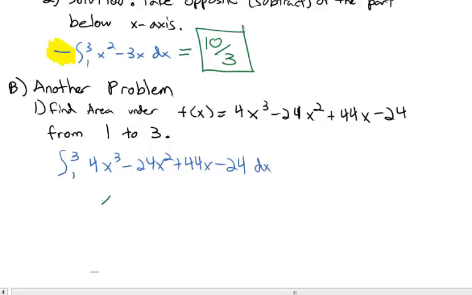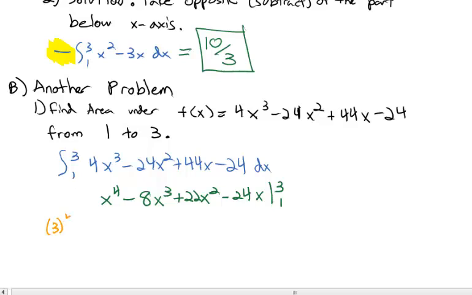And so we have x to the 4th divided by 4 is 1, minus x cubed, 24 divided by 3 is 8, plus x squared, 44 divided by 2 is 22, minus 24x integrated from 1 to 3. And so we plug that in.